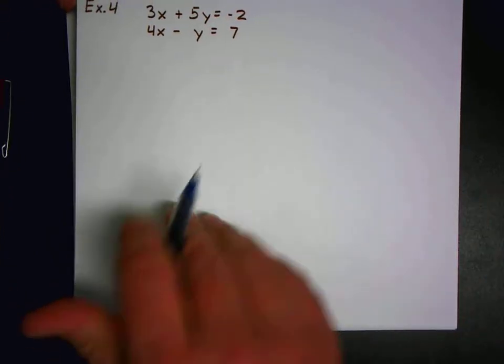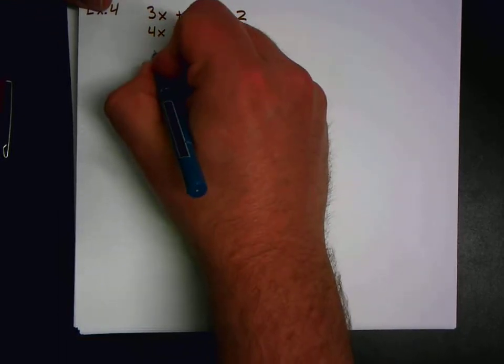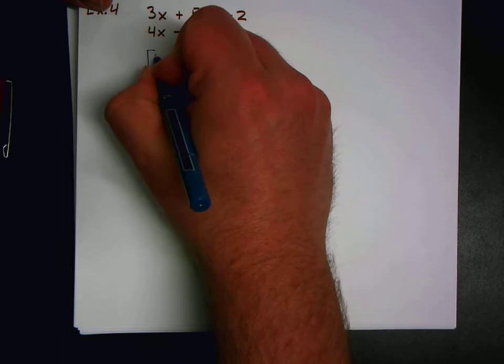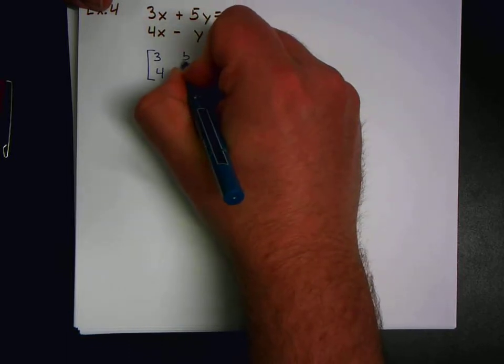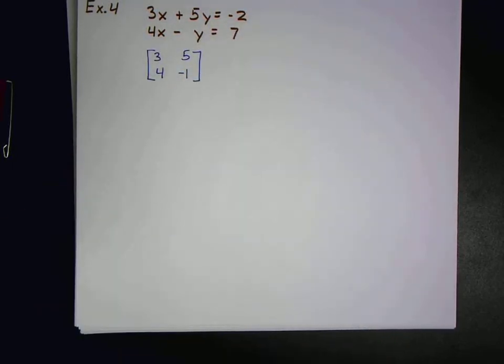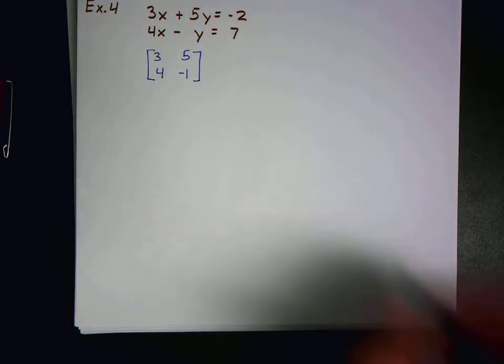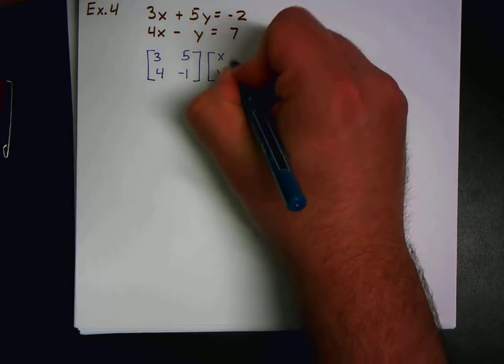Okay, so if I'm doing this, I change it into my augmented matrices, or not augmented, sorry, into my system of matrices. Nothing here is augmented. So there's my coefficients. I put the x coefficients and the y coefficients in columns, times my variables.